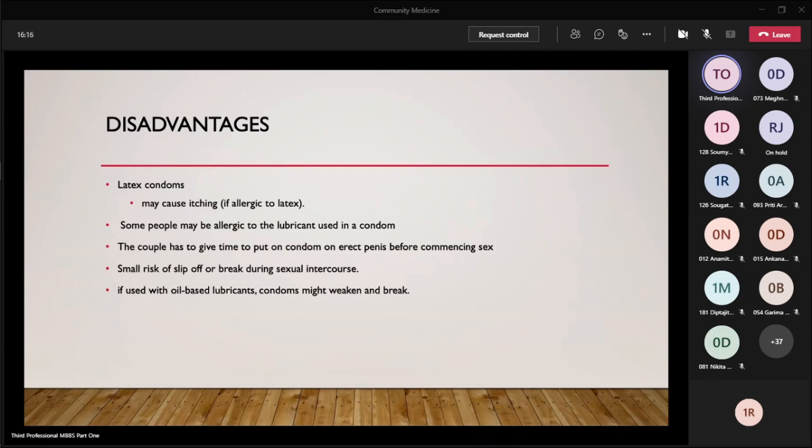So for some people, this might not be a comfortable way of use because they get interrupted during their act. There is also a small risk of slippage during sexual intercourse. And if used with oil-based lubricants, it can break down sometimes.